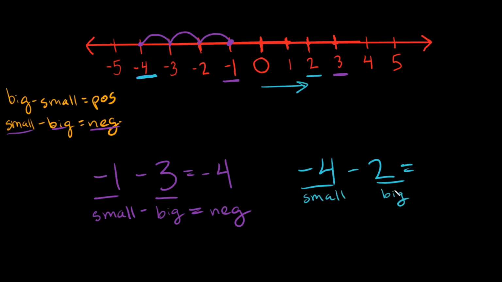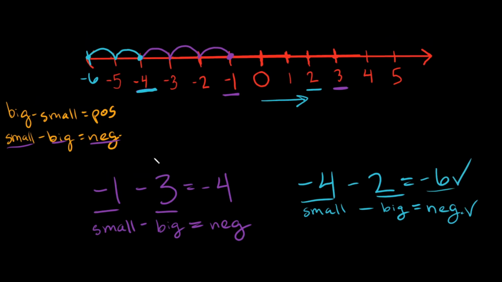So we have, again, a small minus big situation. According to our rule, we should get something negative. Now, let's go to the number line. We start at negative 4, we move back 2. So 1, 2, where did we land? I'll write it in, negative 6. Our rule says we should have gotten something negative, and we did get something negative, negative 6.